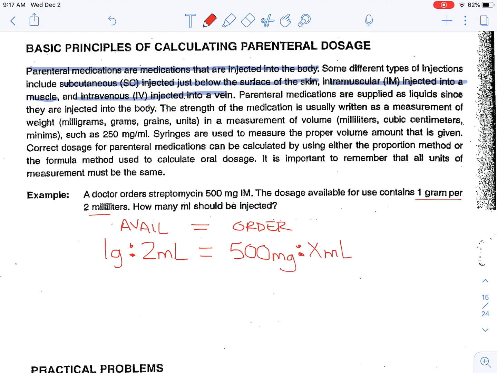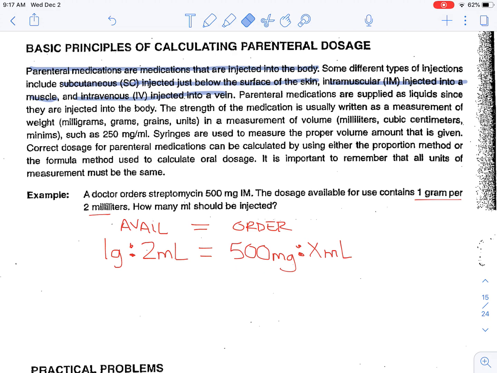Remember, when we did liquid medicines, we talked about that the liquid itself isn't the medicine. The medicine is ground up and dissolved in that liquid, and that liquid is the vehicle for administration. So the order is for 500 milligrams, but we don't know how many milliliters that would be.